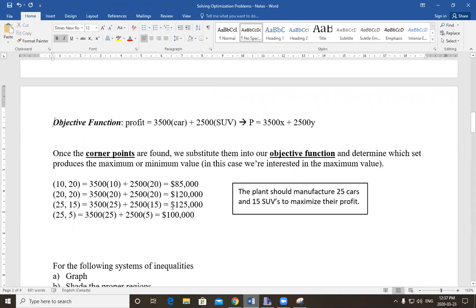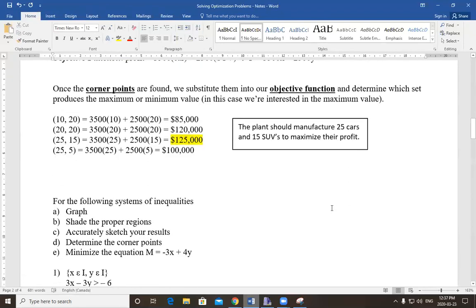And what we get here is, because we're looking for the largest profit, we want to find the maximum profit. $125,000 per day represents producing 25 cars and 15 SUVs. So the final answer would be, based on their objective function, the plant should manufacture 25 cars and 15 SUVs to maximize their profit.